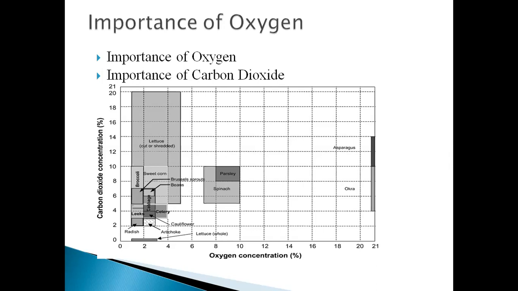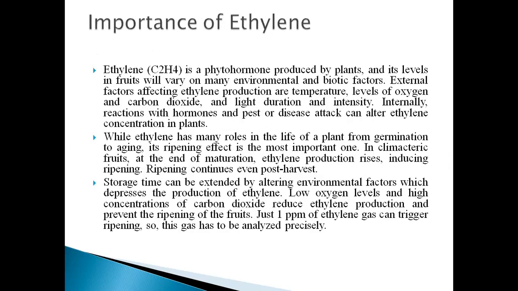And for broccoli, the oxygen concentration required should be between 1 to 2%, and carbon dioxide concentration should be between 5 to 7%. So every plant requires different amounts of oxygen and carbon dioxide levels, and that level should be maintained to get higher productivity.